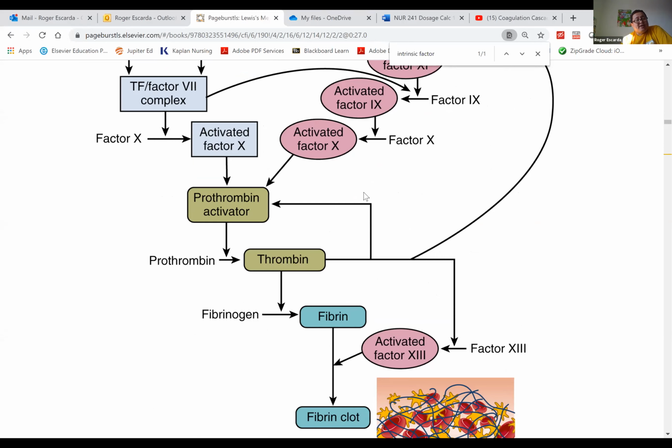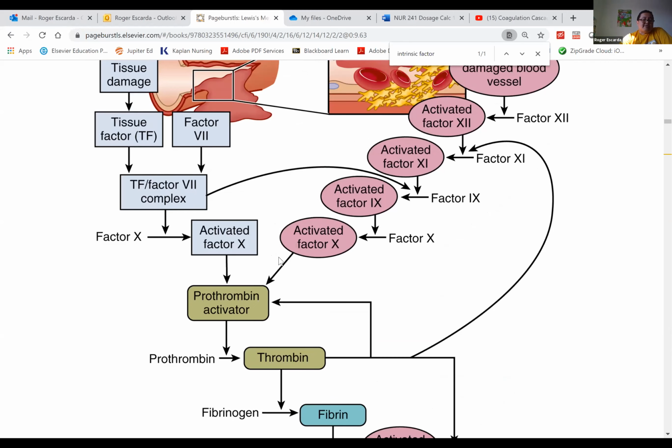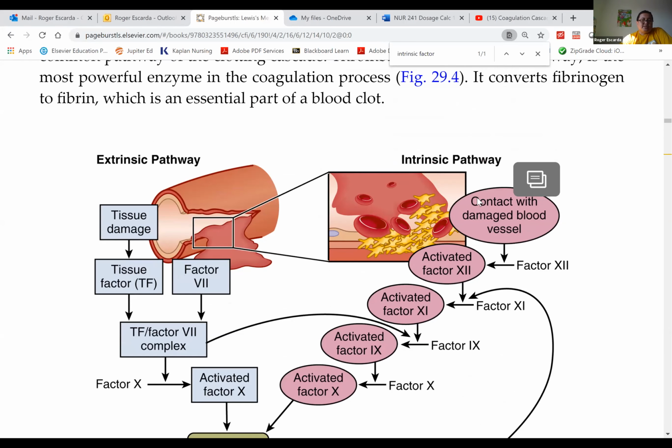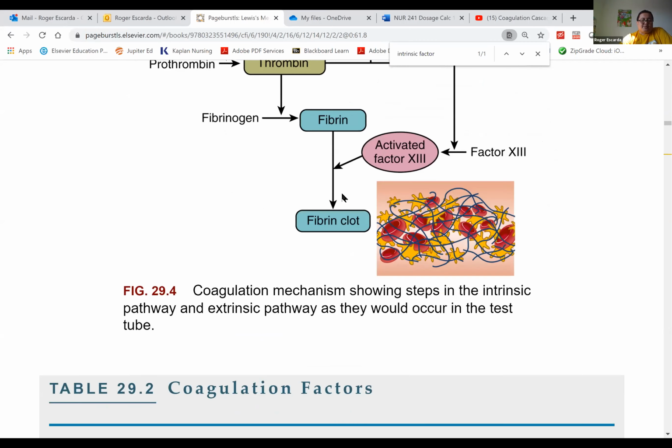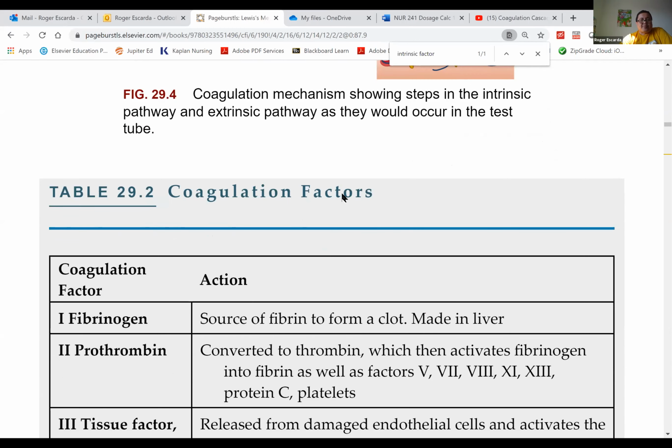So for instance, we have anticoagulants called 10A inhibitors. So they work right around here. Okay, they stop 10A from being activated. We also have heparin, which is an indirect thrombin inhibitor right here. So heparin acts right around here. And then of course we have the very popular warfarin, which has nothing to do with the pathway, which I'll discuss later when we get to chapter 37.